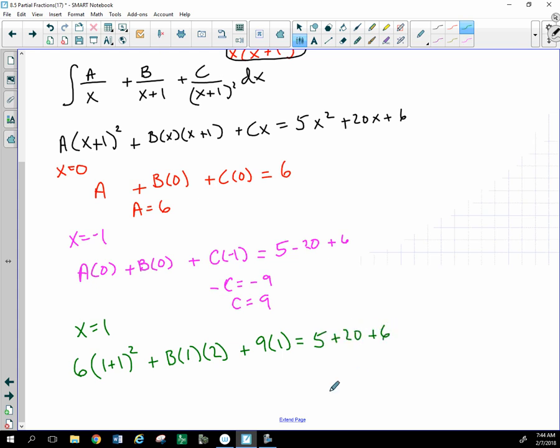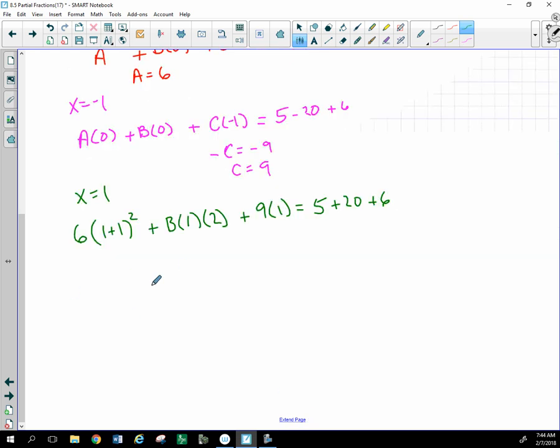All right, at this point it looks like I've got enough solved that I can actually find out what b is. So this guy becomes 12. This is 2b, and 9 equals 31. So 2b plus... oh, whoops, I messed that up.